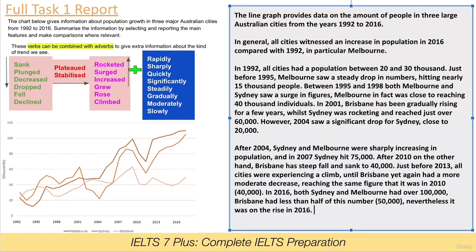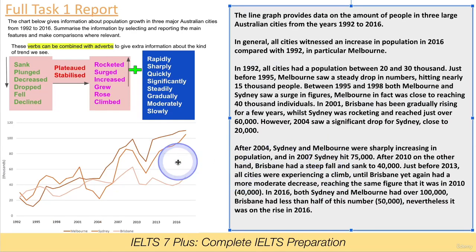Okay, let's read this back and double check everything. After 2004, Sydney and Melbourne were sharply increasing in population, and in 2007, Sydney hit 75,000. Let's just double check that figure about here. Yes. After 2010, on the other hand, Brisbane had a steep fall and sank to 40,000. So 2010, yeah, round about that.